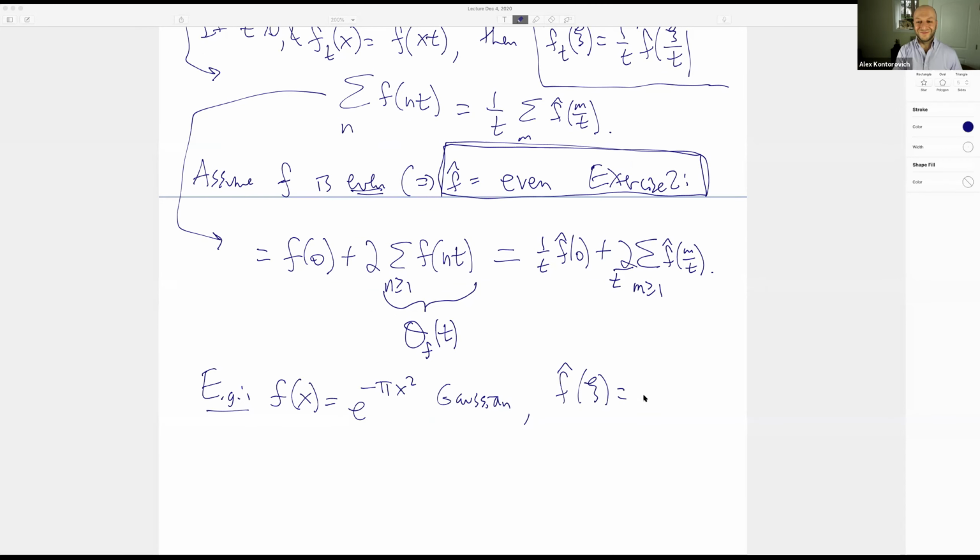The Gaussian itself. Yeah, it's itself. It's the same. Okay, so what do we know about theta for this f, theta f of t is a sum, n goes from 1 to infinity, e to the minus pi n t squared. So this is n squared t squared.